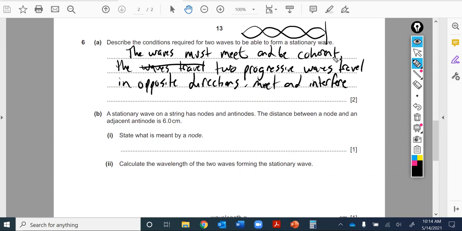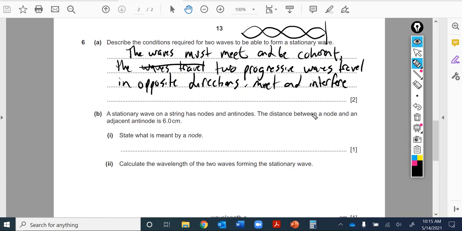Because it's the same wave, we can ensure that their frequency is the same and remains the same, and therefore they are coherent. So that's a necessary condition, and they have to actually meet, so they have to cross through each other and have that interference.